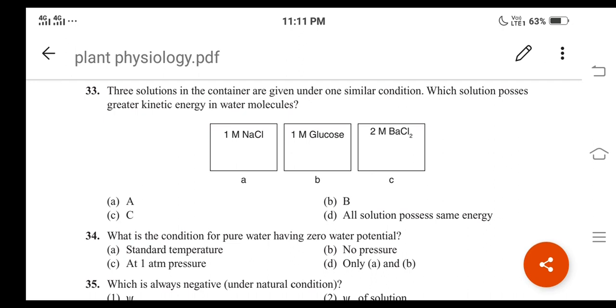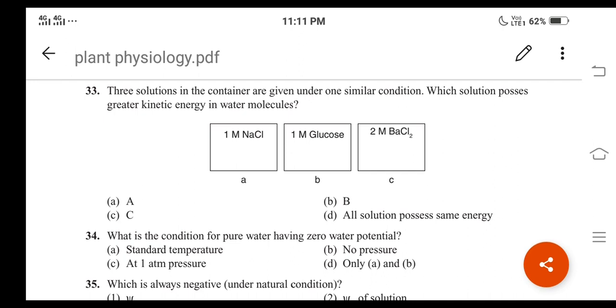Remember why we select 1 mole glucose only. Glucose will have more kinetic energy in water molecules, because energy is stored in chemical bonds. In case of glucose, the energy is stored in chemical bonds, and there are more bonds in glucose.